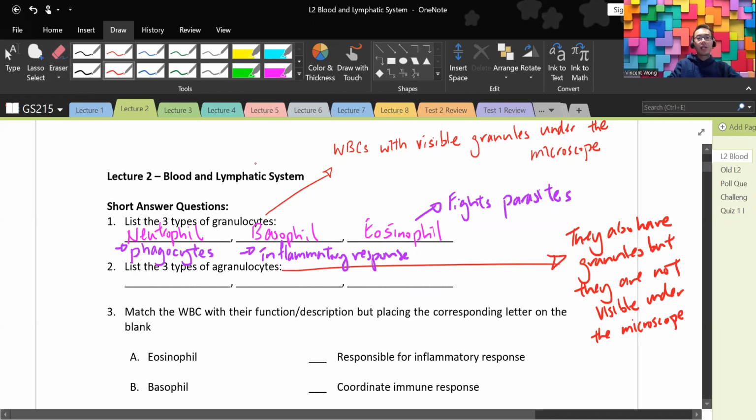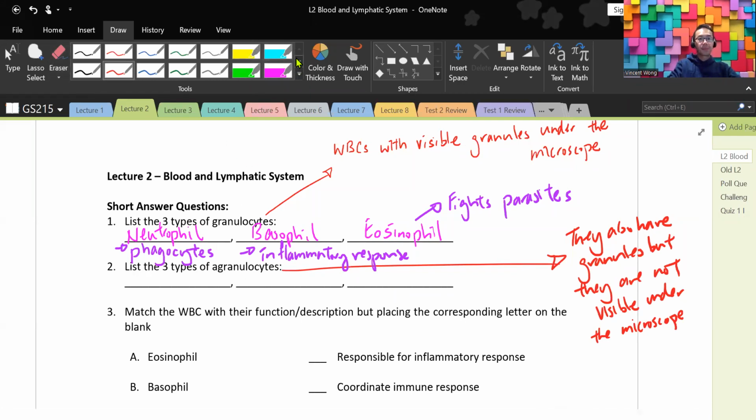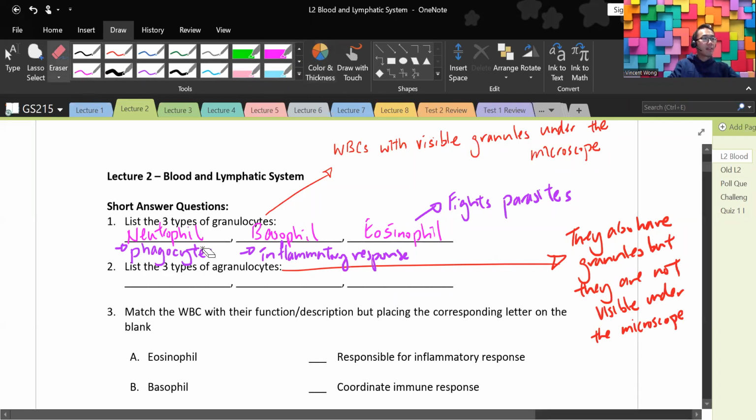3 types of agranulocytes. Anyone? Okay, thank you. There's monocyte, which can transform into macrophage, the big eater. The monocyte circulates around the body and does surveillance.